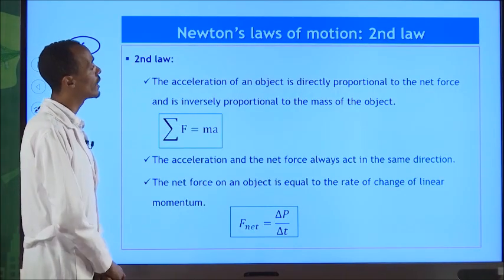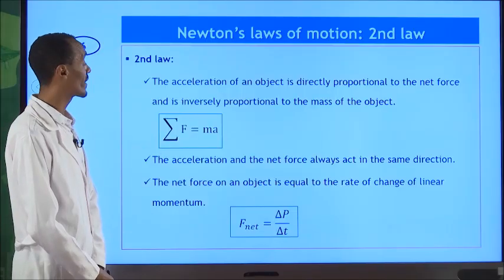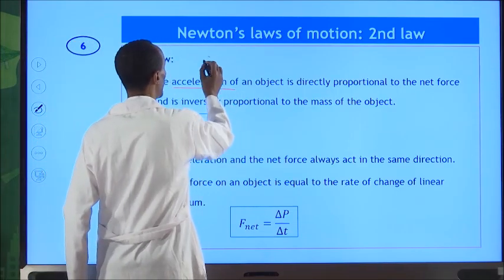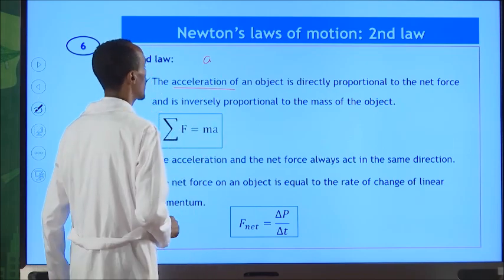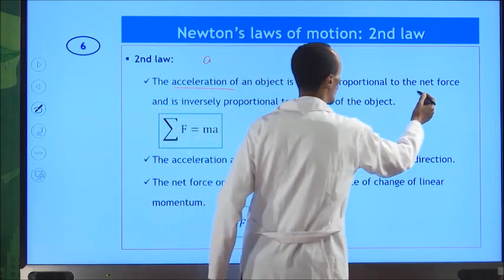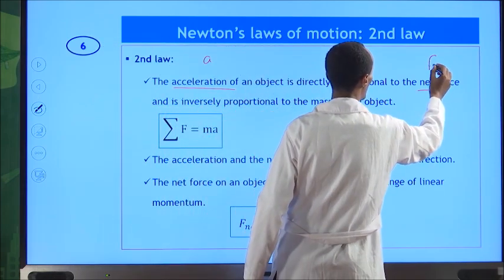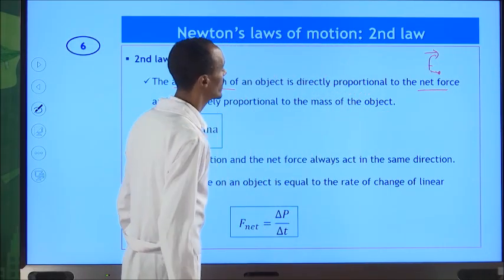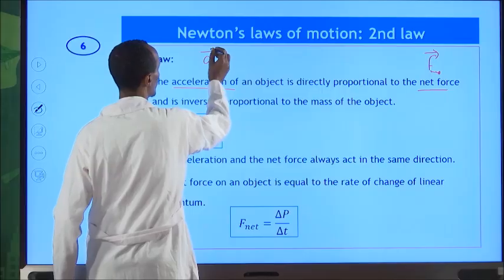According to Newton's second law of motion, which is the law of acceleration, the acceleration of the object a is directly proportional to the net force acting on it. We have the net force F net. Just to show that it is a vector, we can use a vector notation.